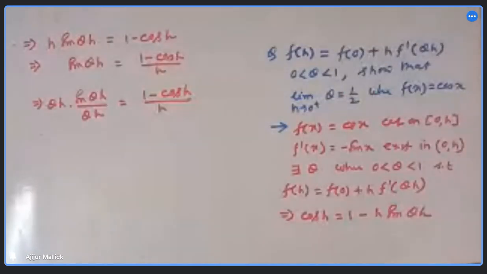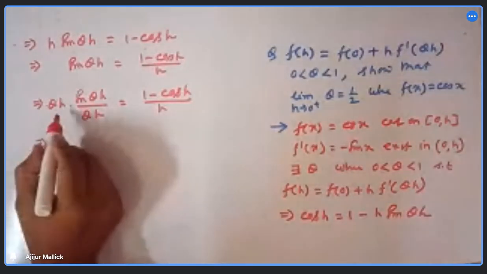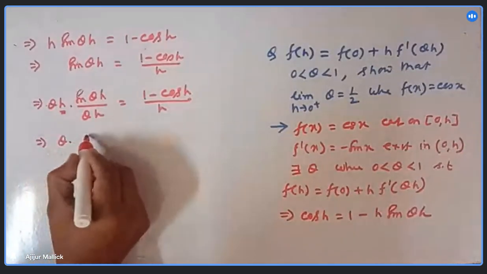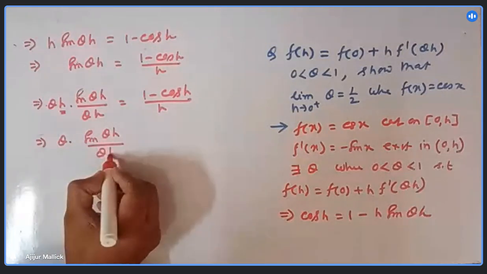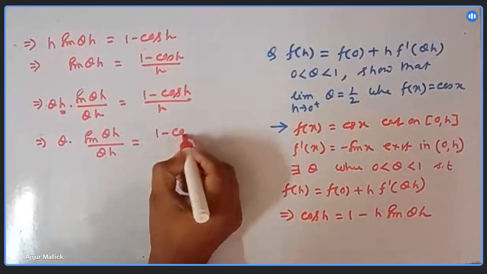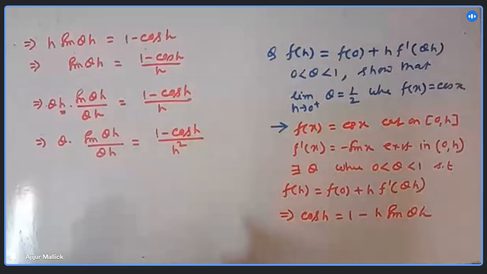Now I divide by this h, so theta into sin theta h divided by theta h is equal to 1 minus cos h divided by h square.